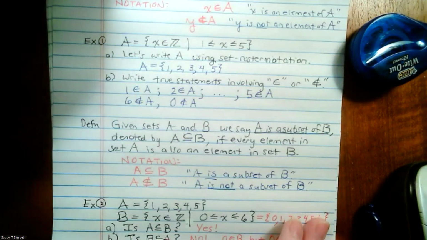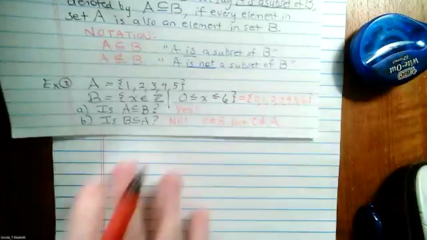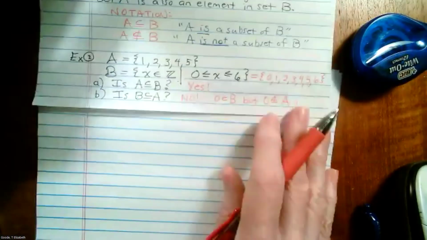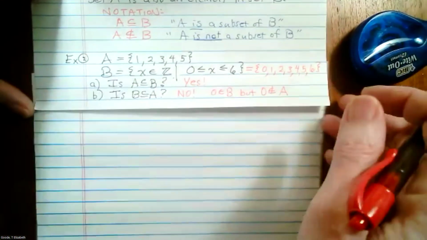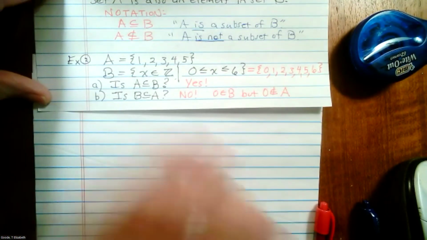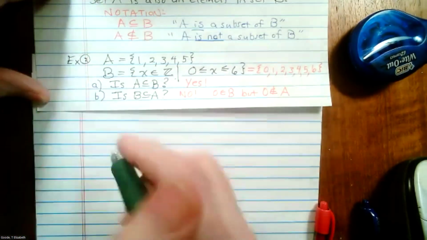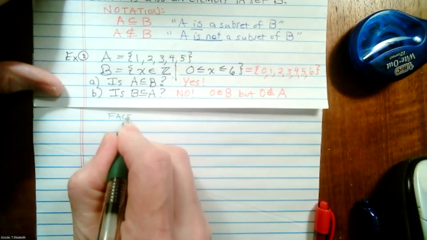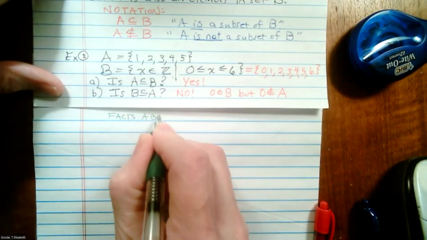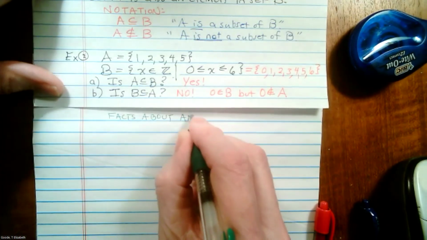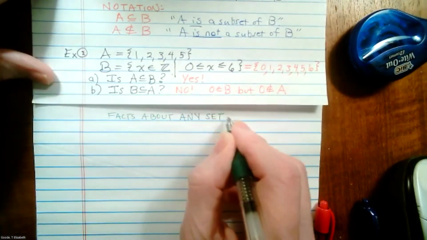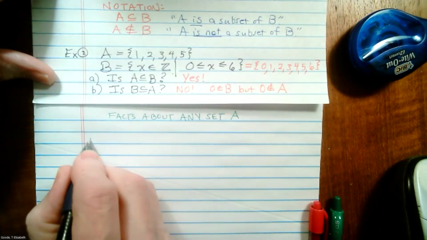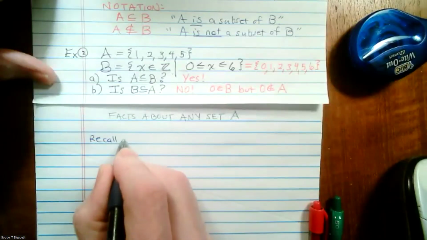All right. Now there are just a couple of facts that we need to understand about sets and subsets. Just some facts that we could just list. So facts about any set A. First of all, let's recall the empty set.